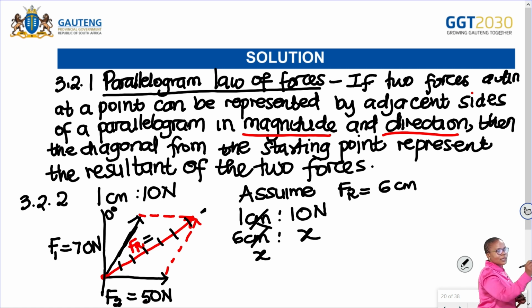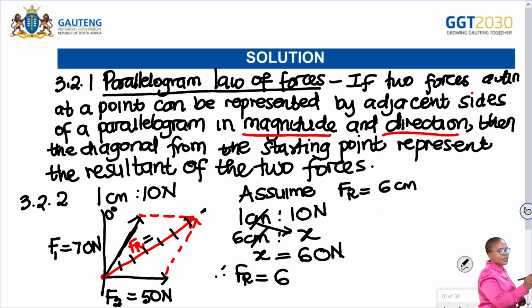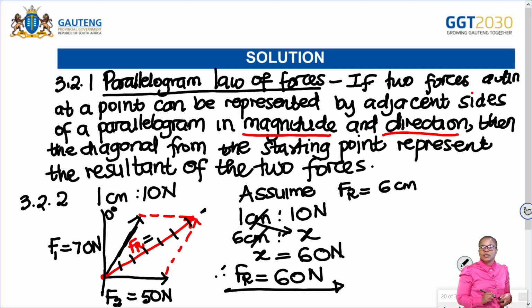Therefore, 1 times x is going to give you x, and 6 centimeters times 10 is going to give you 60 newtons. Therefore, your FR is 60 newtons. So that's how easy it is to go back using the scale. Hopefully that was easy enough for you.